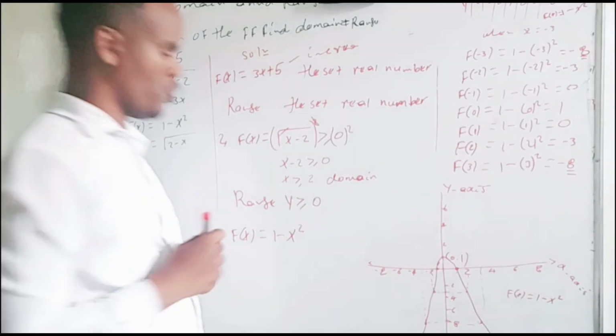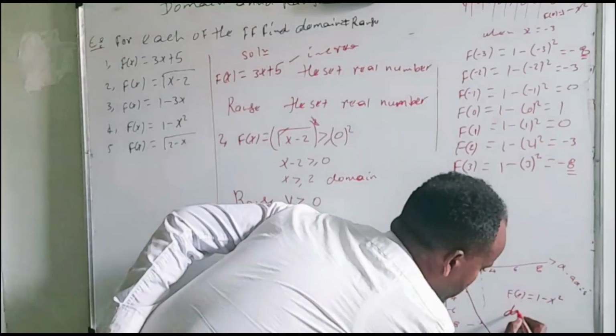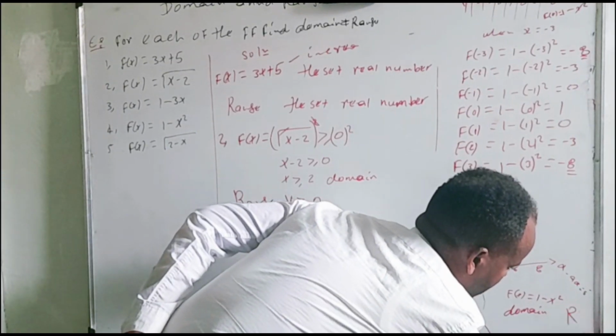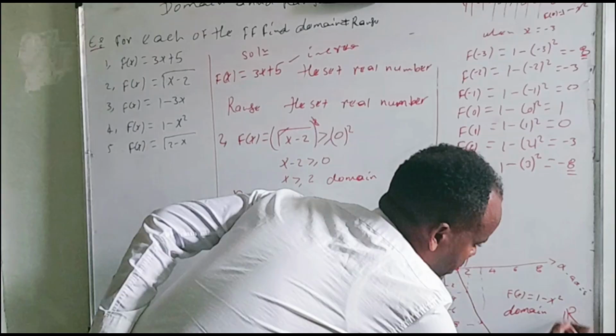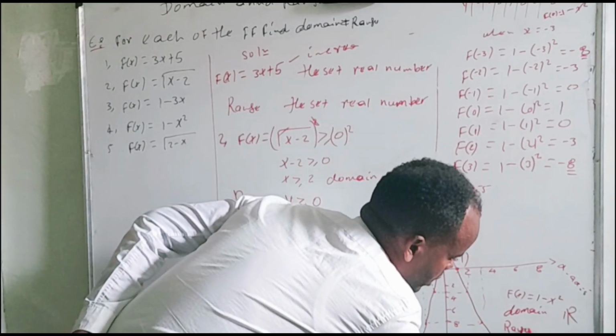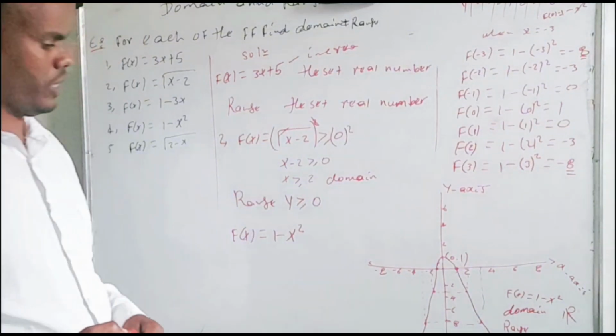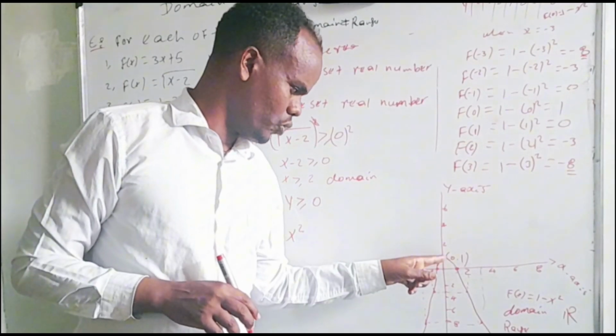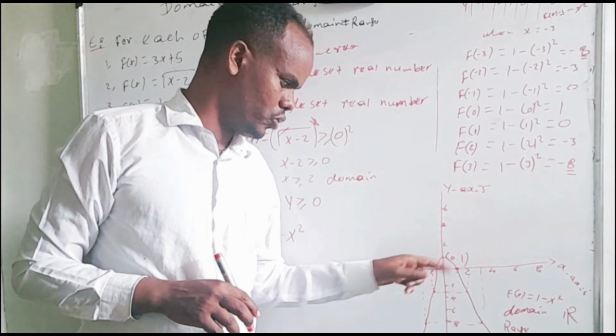So the domain is the set of real numbers, R. The range of this function is the set of real numbers less than or equal to 1.